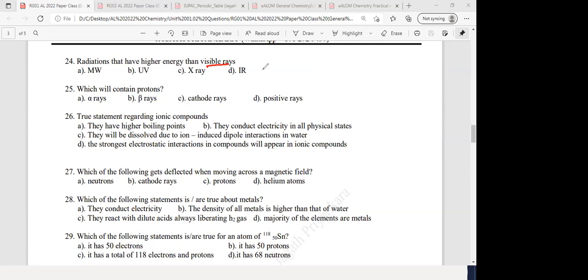There are two, right? Microwave is below visible in the electromagnetic spectrum. Even all the students can give the answer for this; this also appeared in past papers. X-rays and UV both are above visible light: after violet, ultraviolet, then after that you get X-rays. Answer is only B and C.